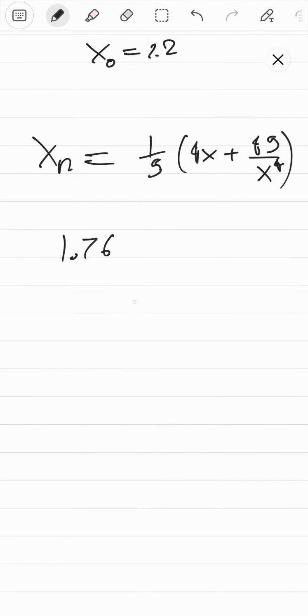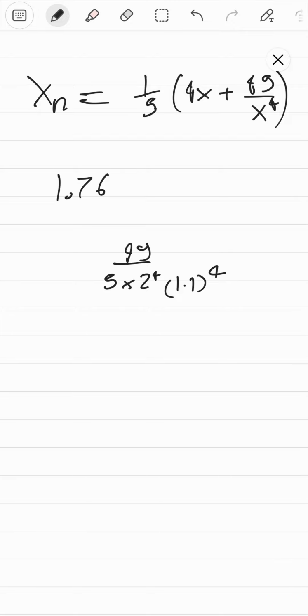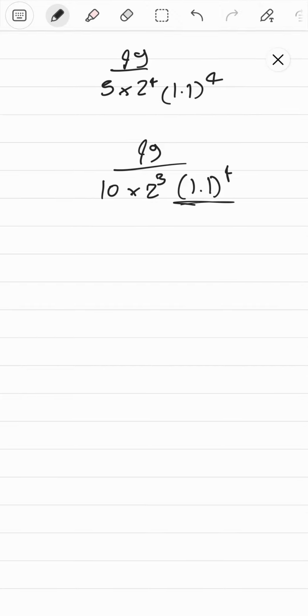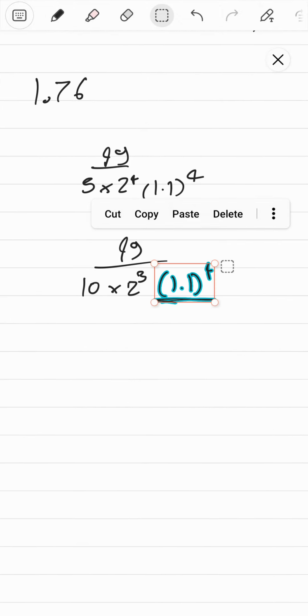And then you got this thing, so 49 upon 5 times this guy power 4. 2.2 power 4, it's like 2 power 4, and then you got 1.1 power 4. So 49 upon 10 times 2 power 3, and times this stuff, 1.1 power 4. This isn't that hard. Actually, you know what? We should really be doing this thing.